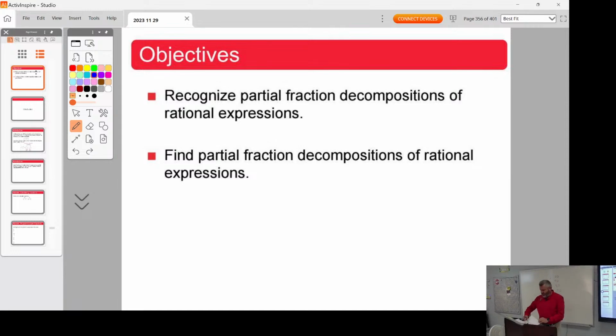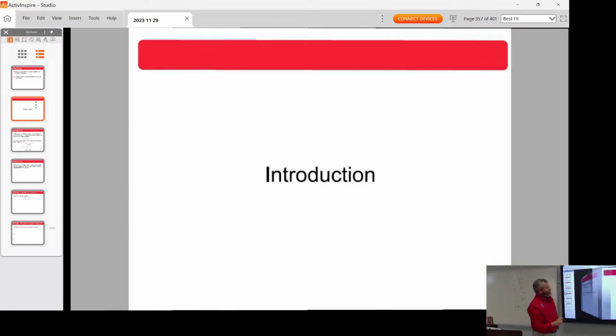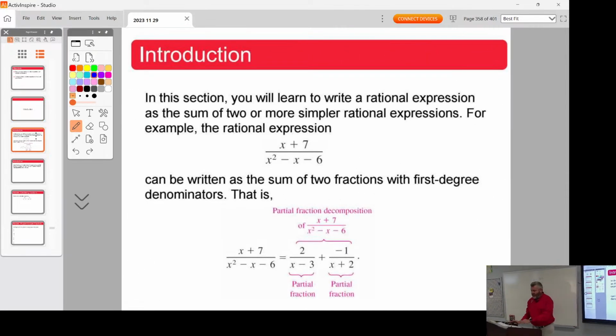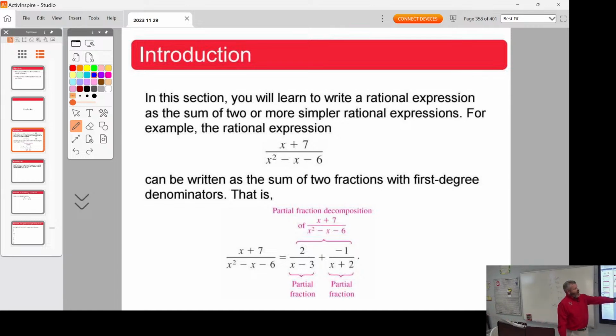Objectives: recognize what a partial fraction decomposition is, and find partial fraction decompositions of rational expressions. In this section, you're going to learn how to write a rational expression as the sum of two or more simpler rational expressions. For example, this is a rational expression.